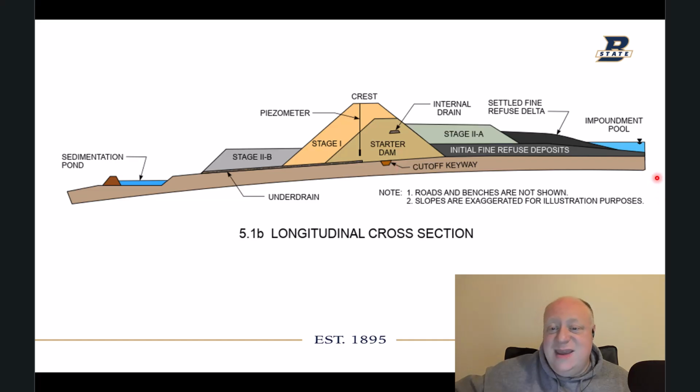And then in the impoundment itself, right, you have fine refuse deposits. Right? And they're up against the dam, right? They're thicker up here than they are back here in the impoundment pool. And then if you are doing upstream construction, you are then pushing out stage two, coarse refuse on top of the initial fine refuse, right?